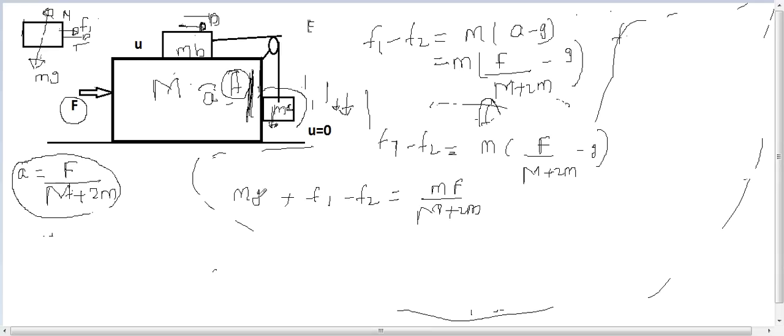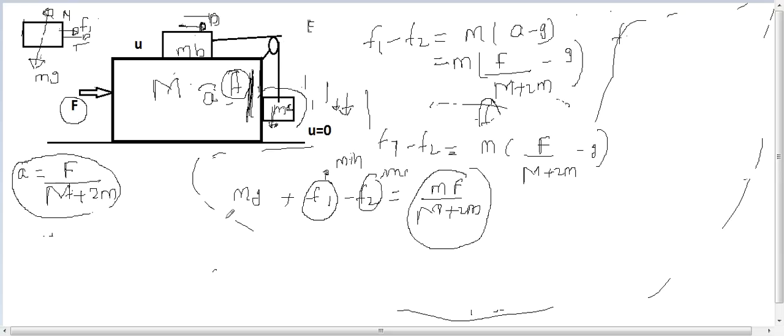If this f is minimum, then this quantity should be minimum, and this should be maximum.